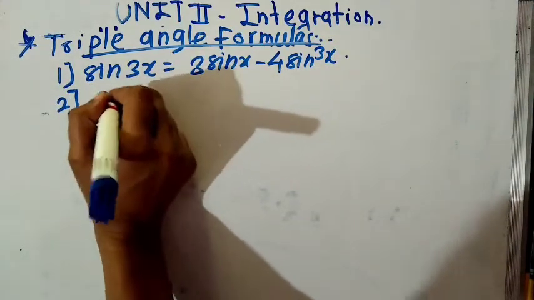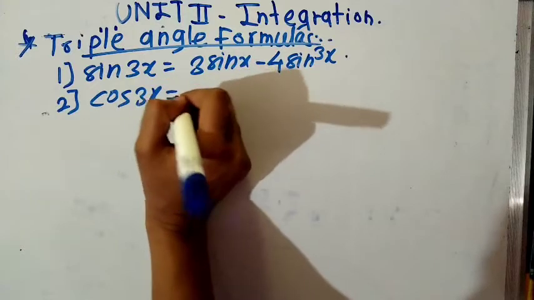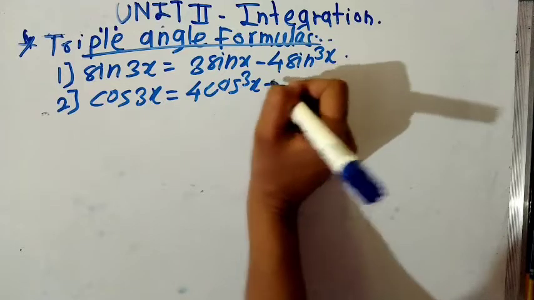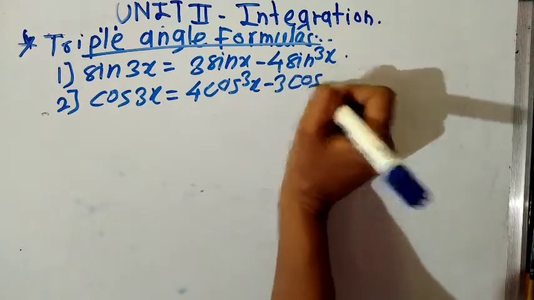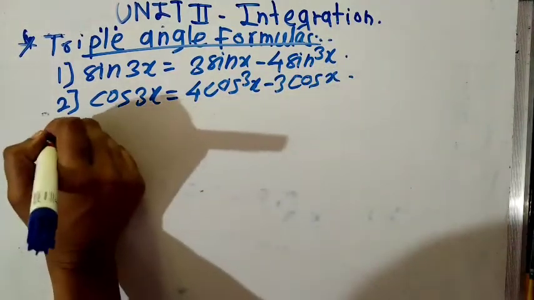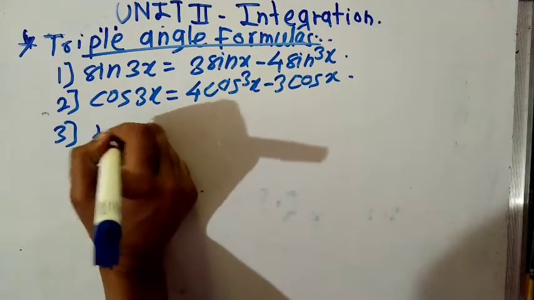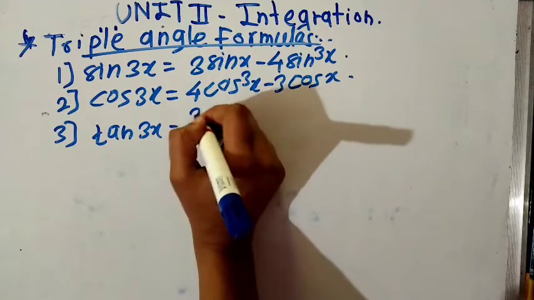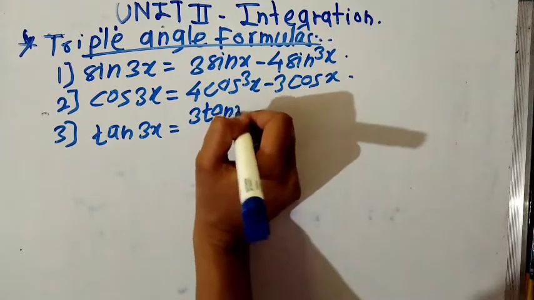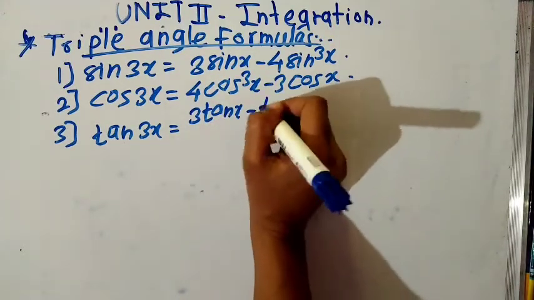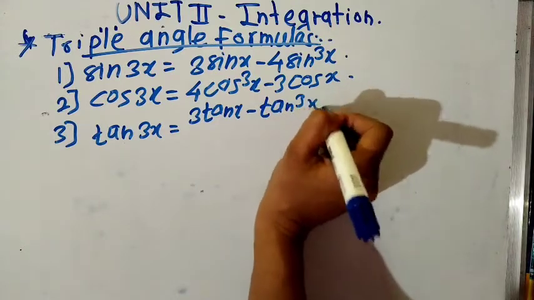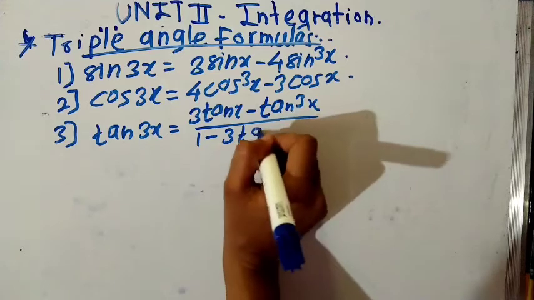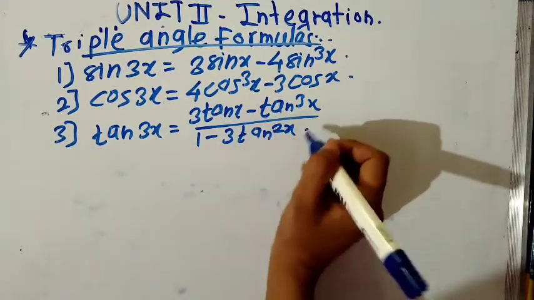Second formula, cos 3x is equal to 4 cos cube x minus 3 cos x. Third formula is tan 3x is equal to 3 tan x minus tan cube x upon 1 minus 3 tan square x.